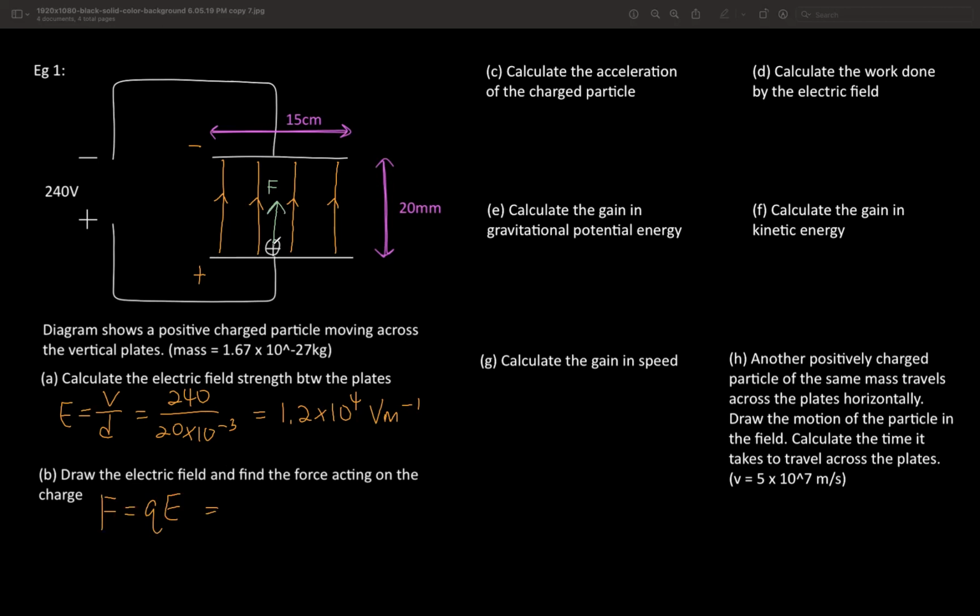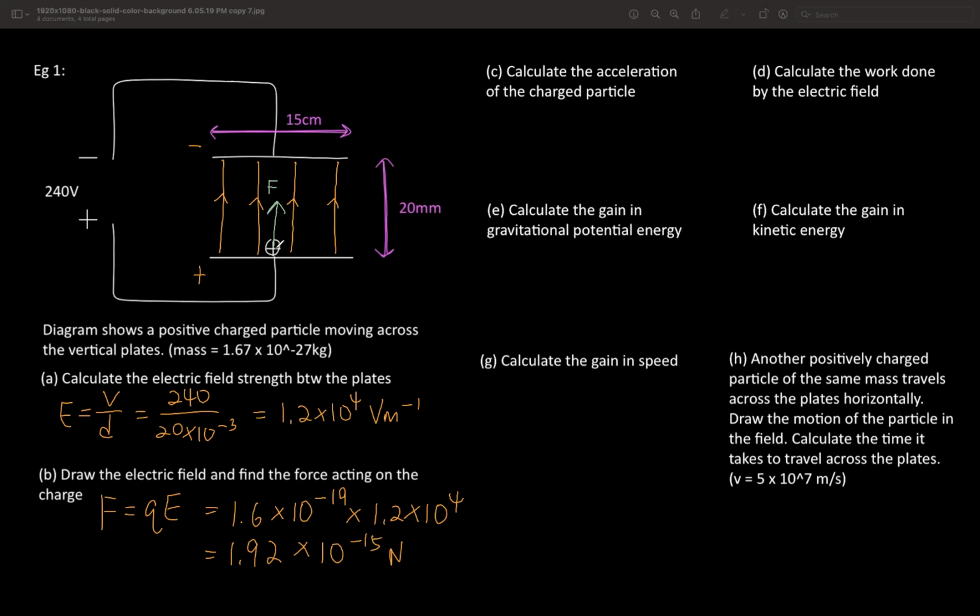A charged particle, a proton. So for the charge we use the charge of a proton, 1.6 times 10 to the power of minus 19 times 1.2 times 10 to the power of 4, giving the force in newtons.